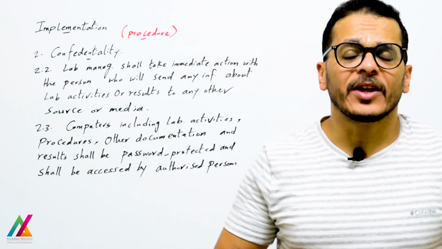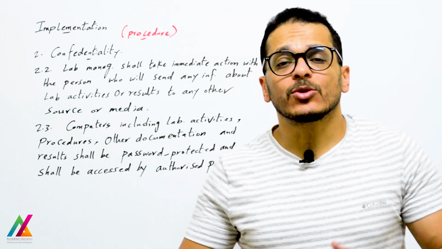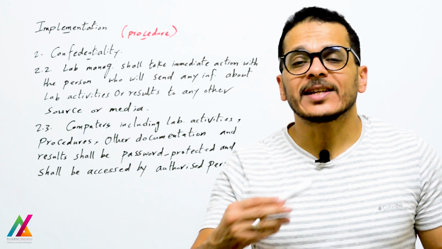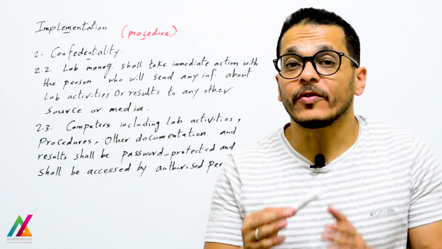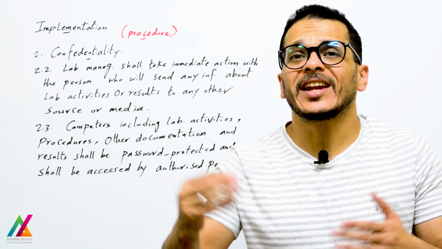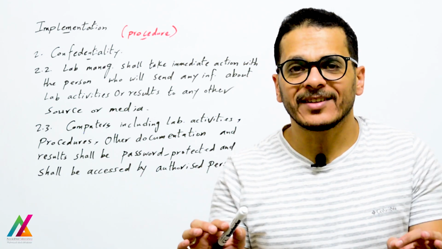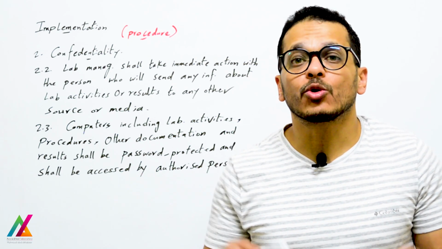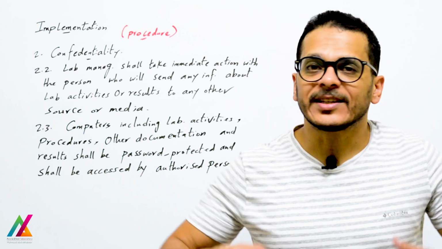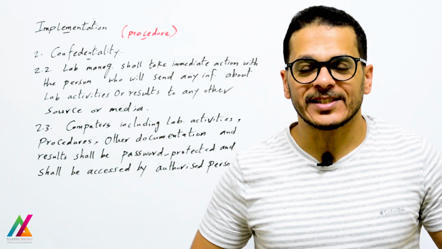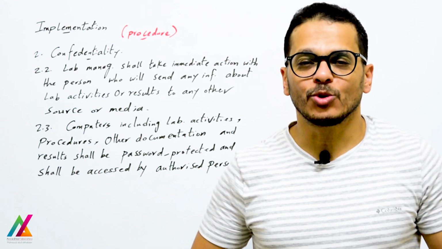And also another very important point, if the assessor came to your lab and asked you about the result of any lab activity, result for any customer, you shall tell him that these results are confidential only to the lab and I cannot provide you with these results, and he will respect your answer.